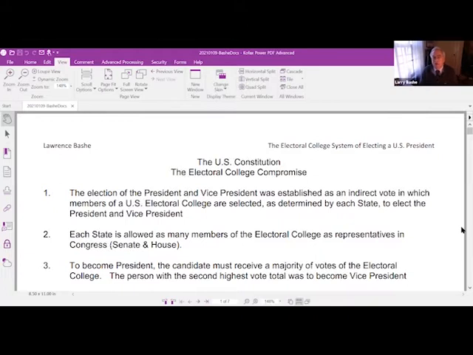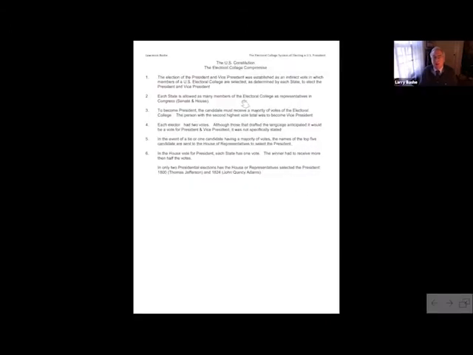The first election we had, which was in 1788, that extended into 1789, because in those days, until the mid-1800s, we didn't have one election day. It was done during the fall and into the end of the year, and sometimes, as with the first one, into the following year.